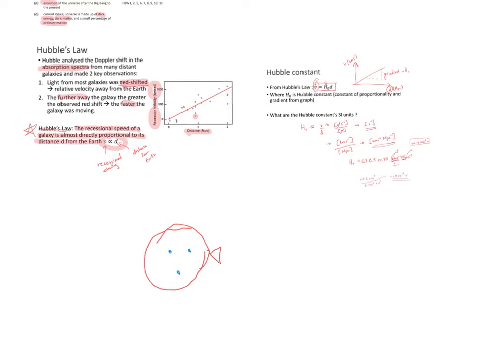Now, if you start blowing air into the balloon, you will notice that these dots will no longer be that close together, but instead they will have moved further away from each other. That's because the space itself between the galaxies is getting bigger. So each galaxy will see all the other galaxies moving away from it, even though they're not at the center of the motion. That's how we see things from the Earth as well.